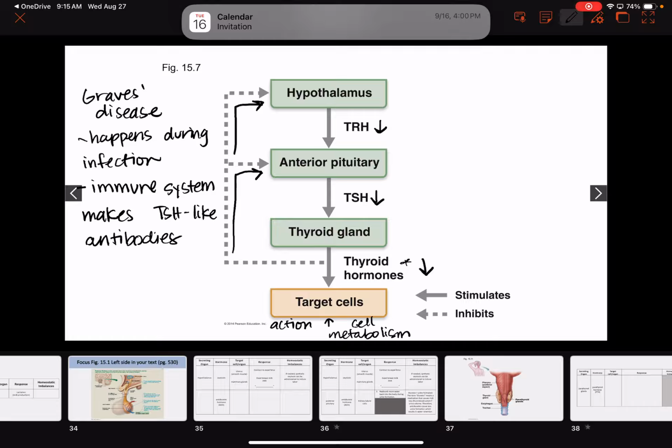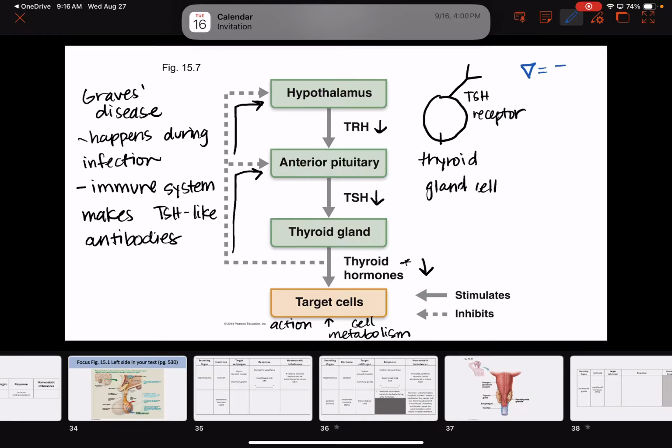So what ends up happening, I'm going to do a little drawing here. Let's say this is a thyroid gland cell. This is its receptor for TSH. This is our normal TSH that will fit in that receptor, and when it binds, it's going to cause the thyroid gland to release thyroid hormone.